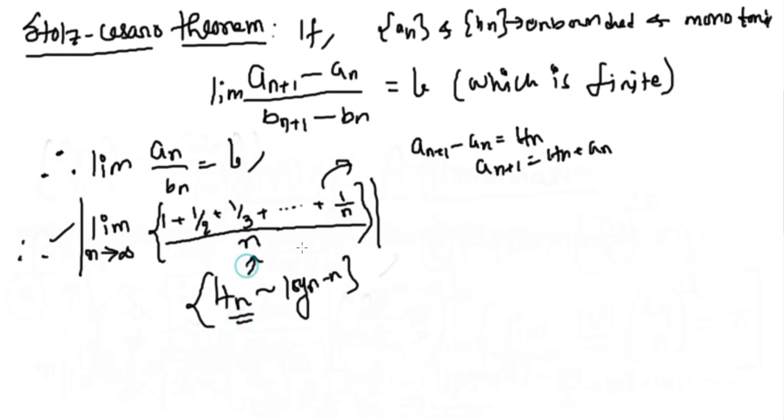So this bound doesn't work here. So what about the Stolz-Cesaro theorem? Because an plus 1 is hn plus an, which will be hn minus 1 plus an minus 1. And this will basically go up to h1 plus h2 plus hn, isn't it? So this is basically our an will go up to hn minus 1.